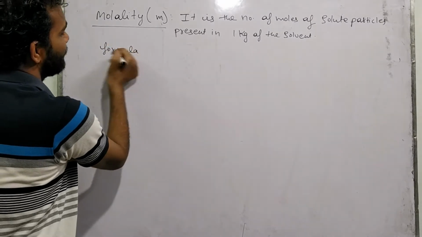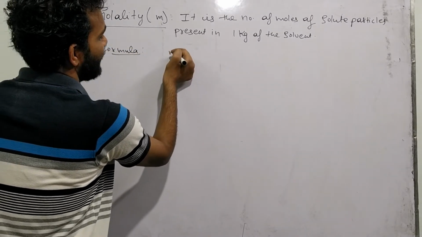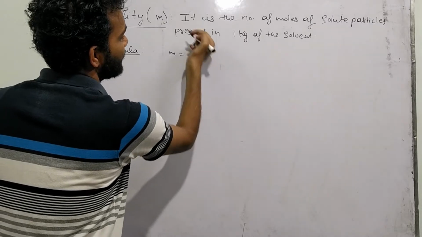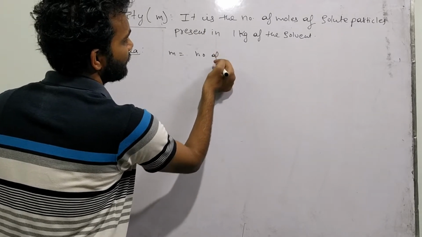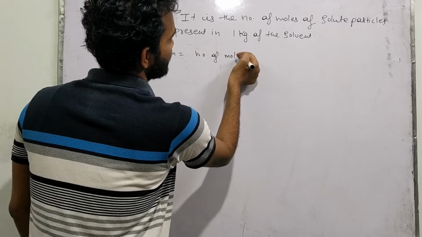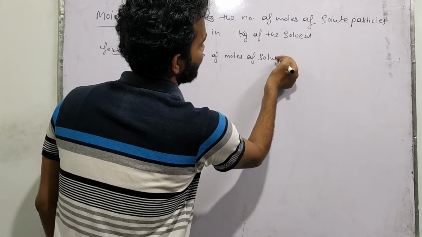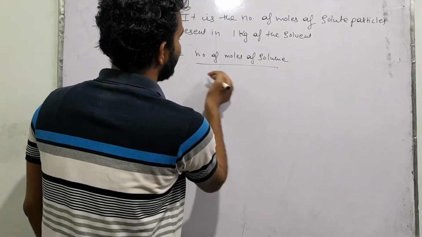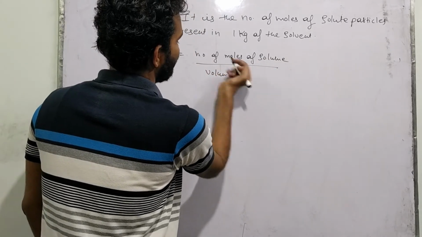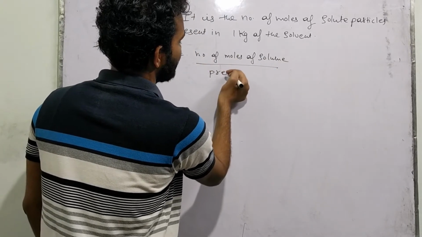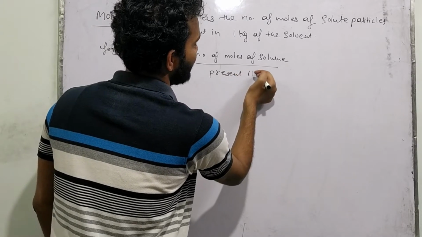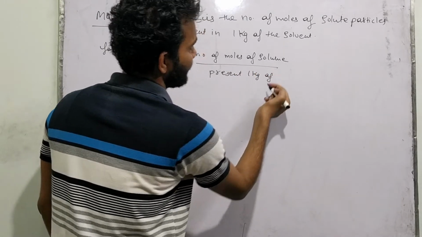Now we will write the formula. What is the formula of molality? Small m is equal to number of moles of solute divided by 1 kilogram of the solvent.